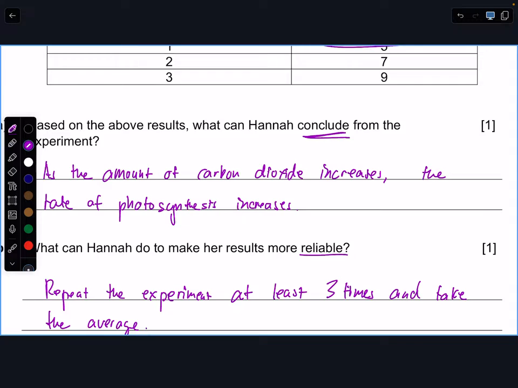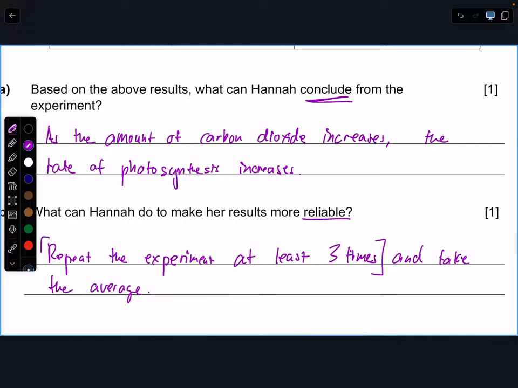So if you just gave me at least 3 times, this is only half a mark. You must say take the average, this is the other half a mark. Okay, it is a standard answer. It is what it is.